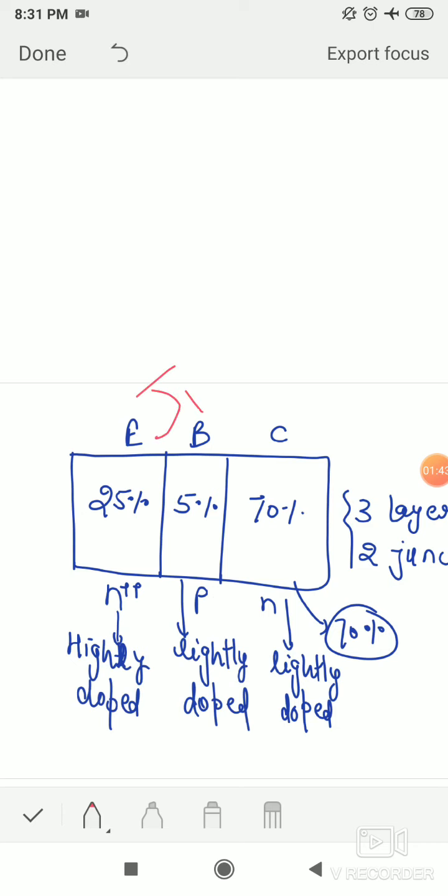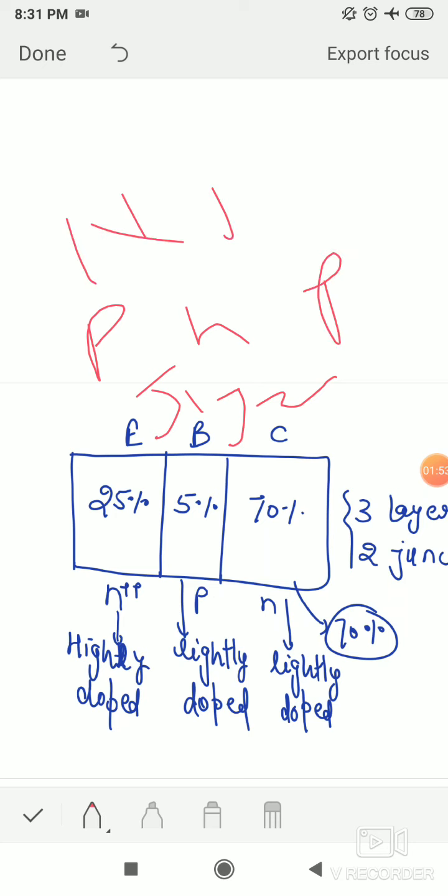This is your junction 1, this is your junction 2, and it may be PNP type or NPN type. In PNP type, there are two P type and one N type. If NPN type, two N type and one P type.